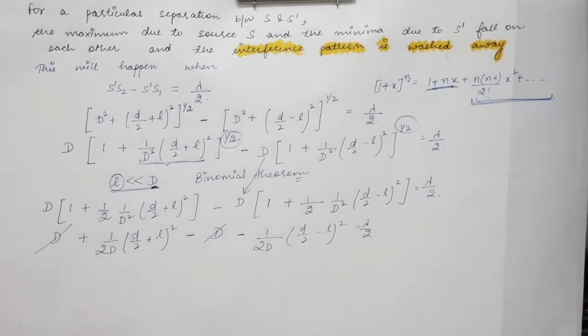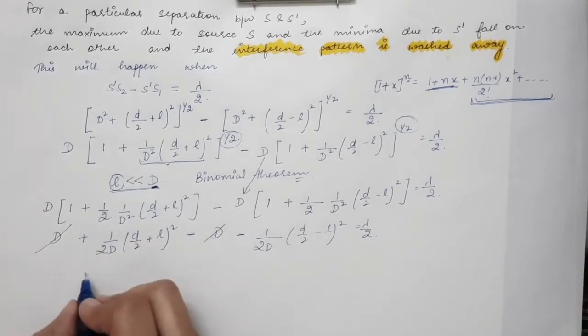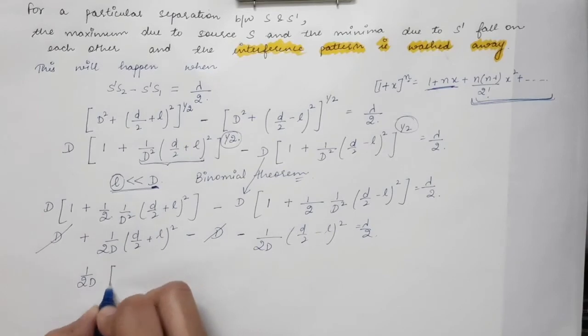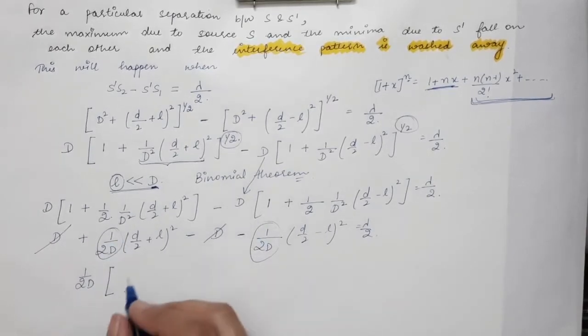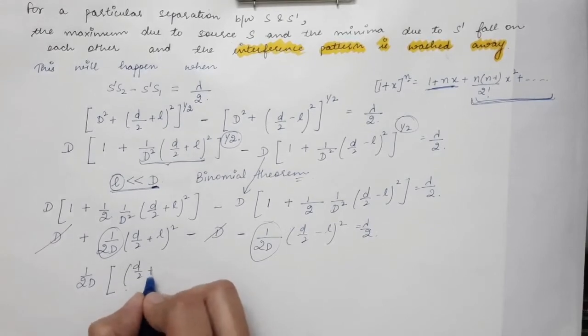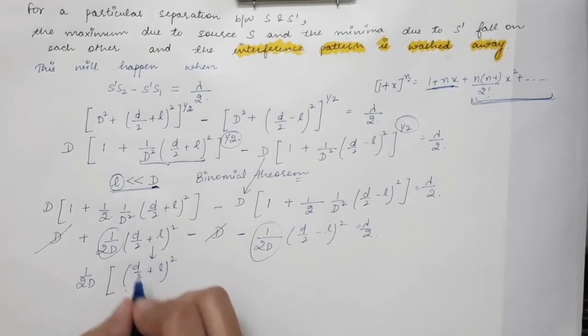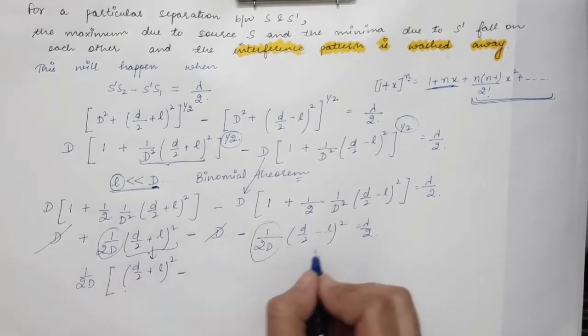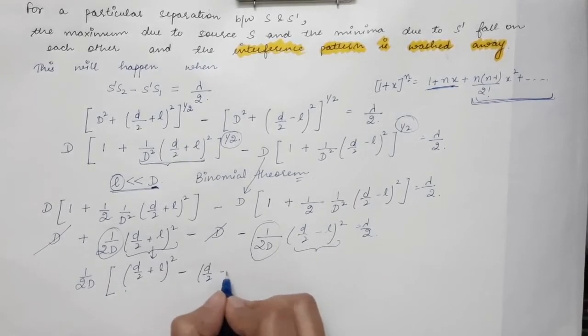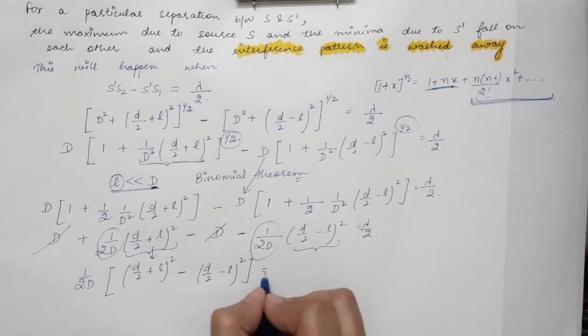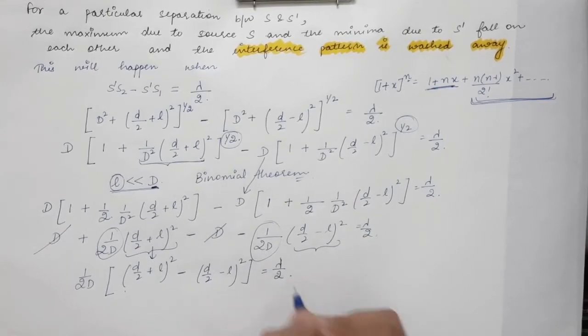So this D will cancel with this one, and 1/2D can be taken outside. 1/2D is common in these two terms. So you will have (d/2 + L)² as it is, minus (d/2 − L)². So it is just mathematics.